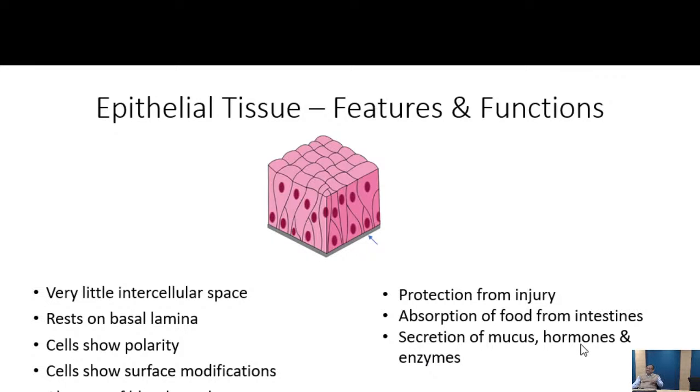You also know that there are many exocrine glands in our body, like the salivary glands, but there are also endocrine glands in our body, like the thyroid gland, like the pituitary gland, like the anterior pituitary gland. So these glands, which are formed from epithelial tissue, secrete various types of hormones.